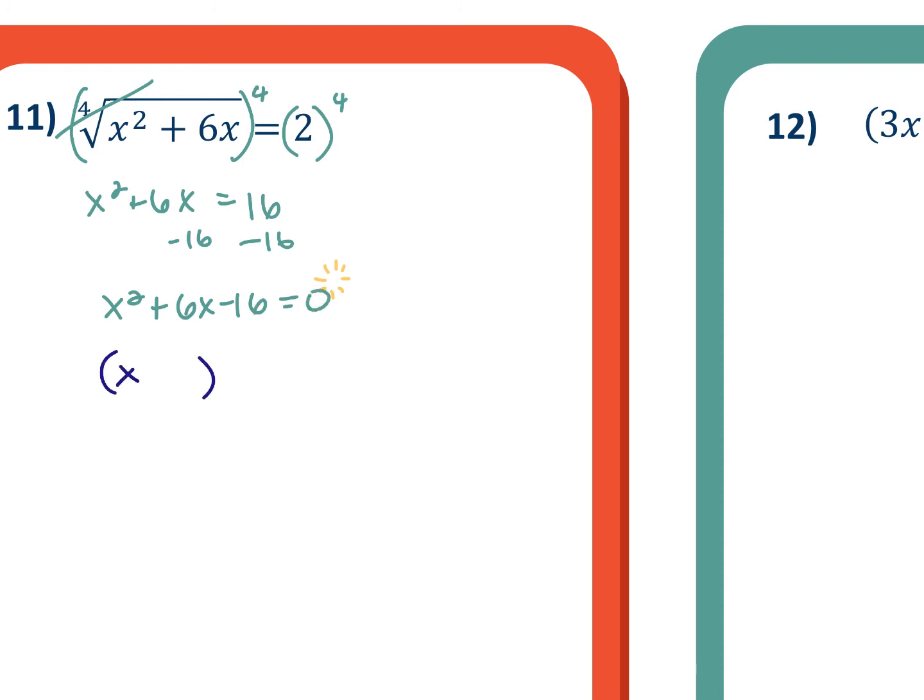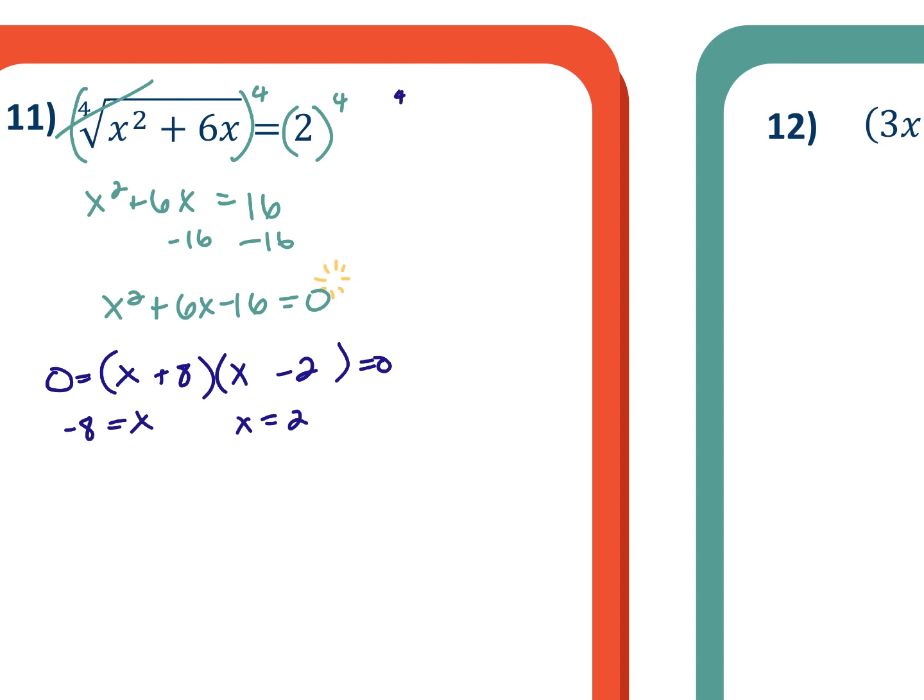Factors of negative 16 that sum to positive 6. Go ahead, positive 8, negative 2, split and solve. And then these we check. So an even root, we check.